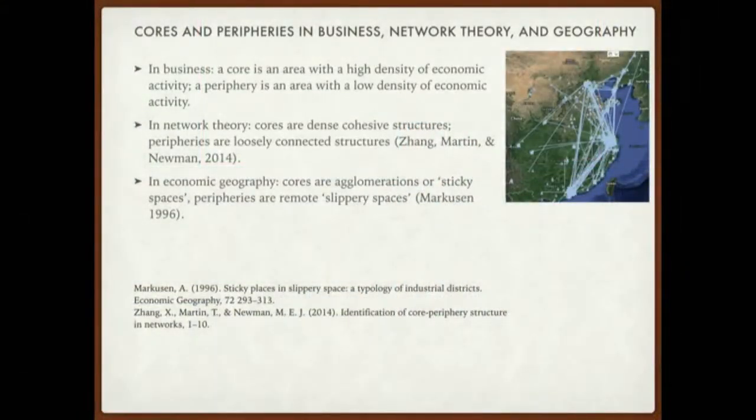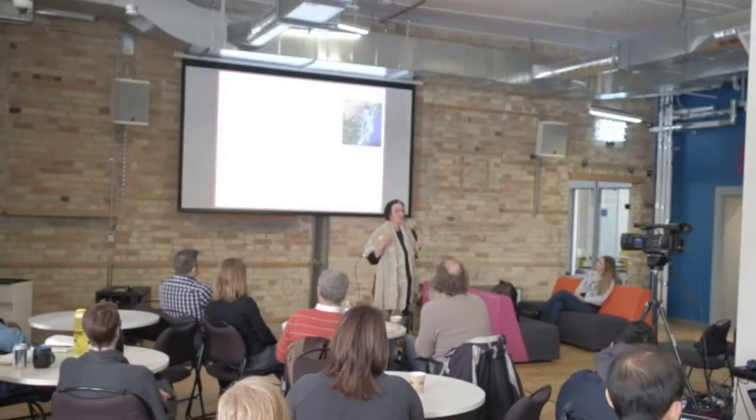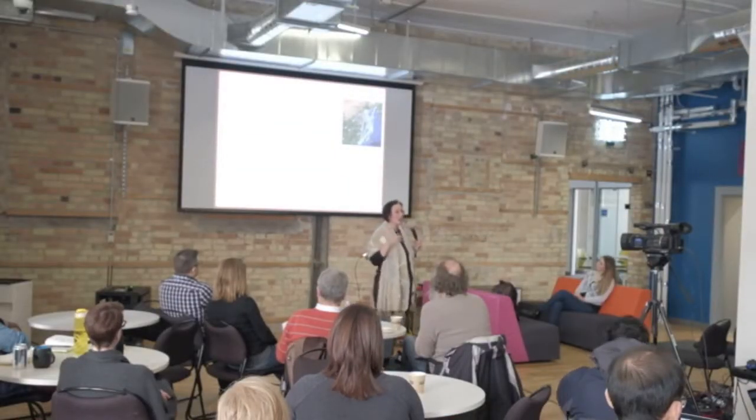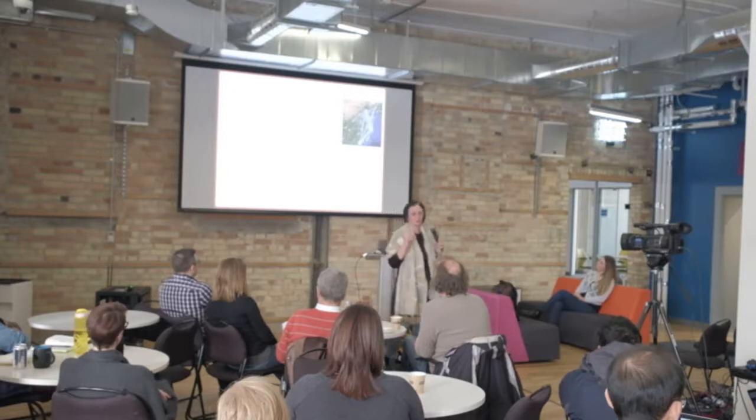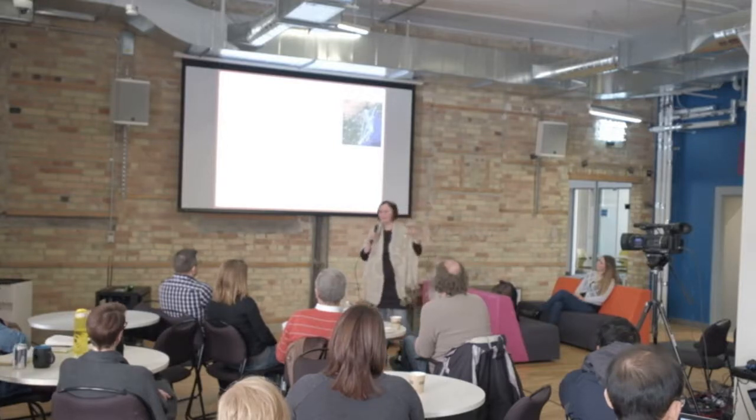What's important here is that once you look at the image, you talk to people who know economics, who can interpret the data. What they were able to identify in these movements were cores and peripheries. There are different ways to define cores and peripheries.